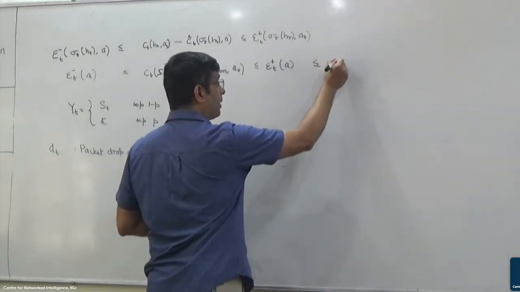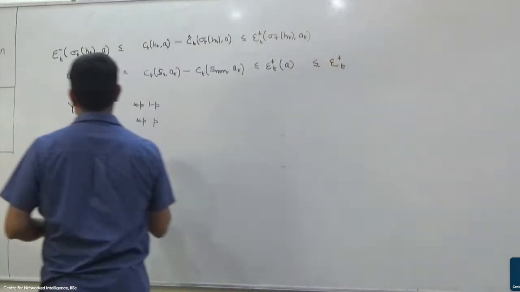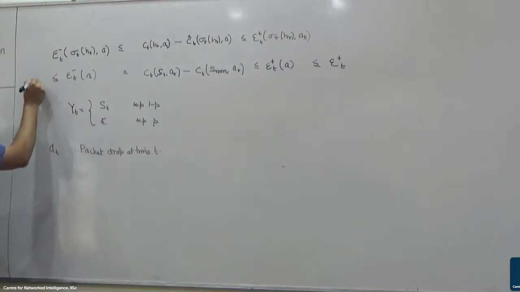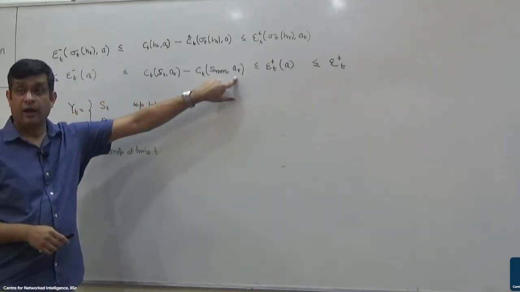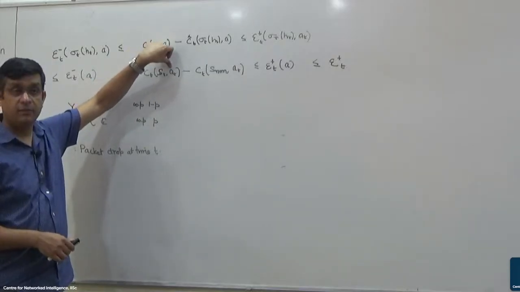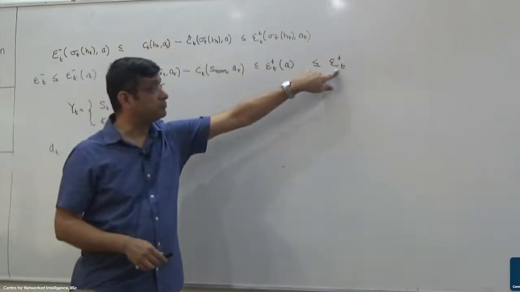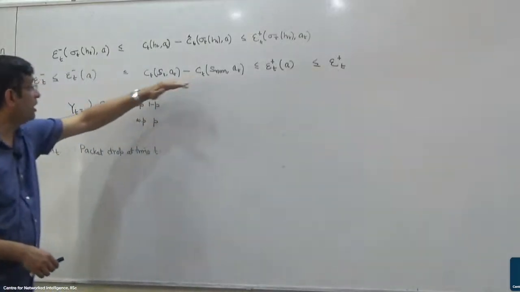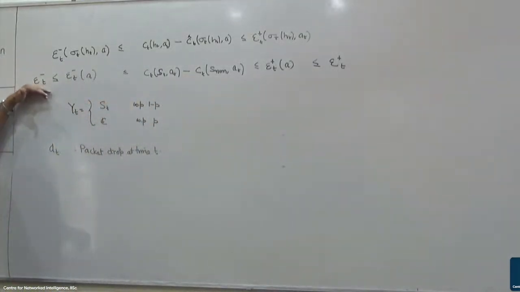So what I will do rather is get upper bounds and lower bounds which do not depend on the action. I will take the sup of this over all F_t and A_t, and that will give me what epsilon plus is. I will take the inf over all of that, and that will give me what epsilon minus is. That is a cruder bound, but it does not depend on action.